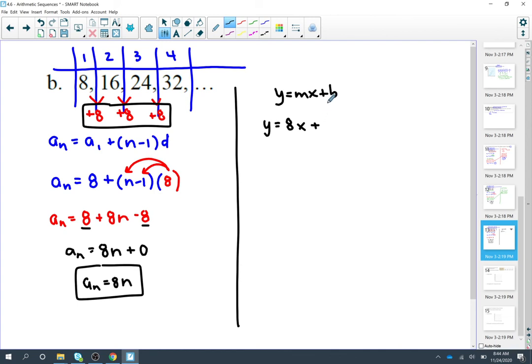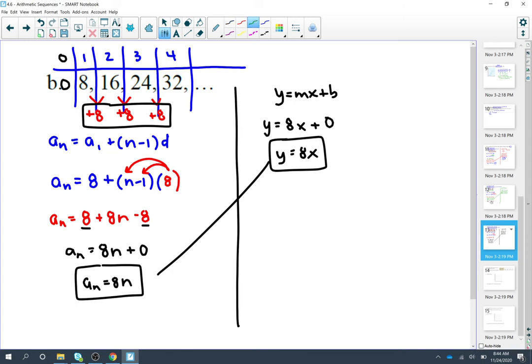Well, the y-intercept, you just have to go backwards 1. So if we're adding 8 this way, we're subtracting 8 this way, which gets us 0. So y equals 8x. Okay, same thing, just different variables, but that's okay. X and y versus a sub n and n.